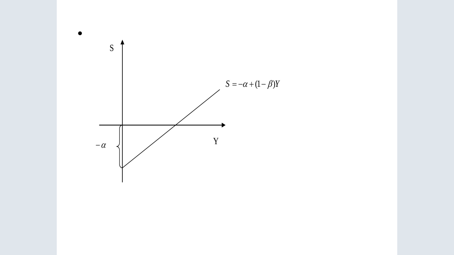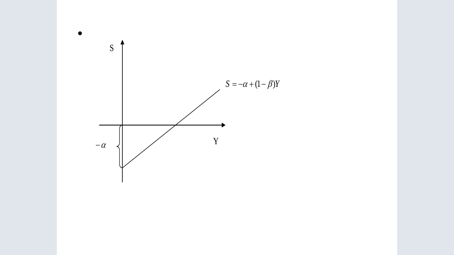So diagrammatically, the savings function is represented as follows. Now this part here, when your income is 0, your savings is negative. What does that imply? You are simply borrowing to consume, and therefore your savings is negative.